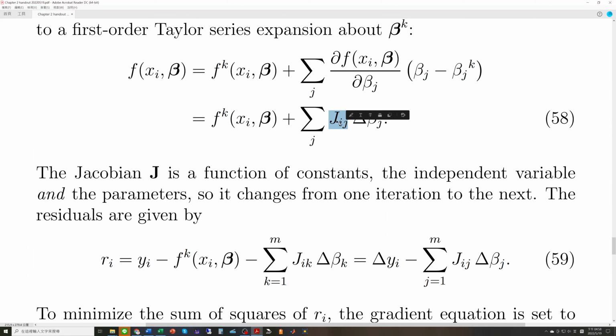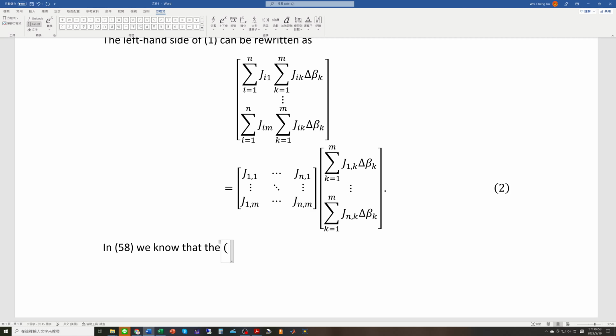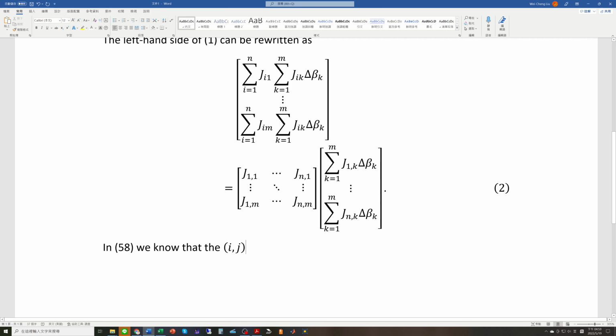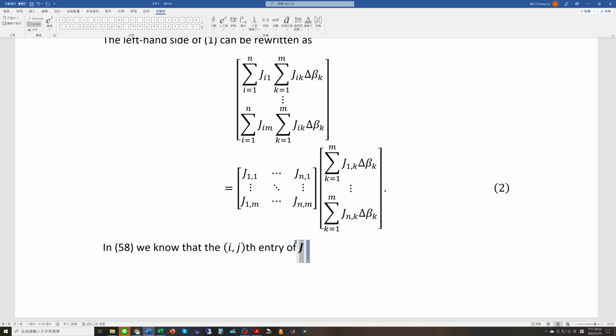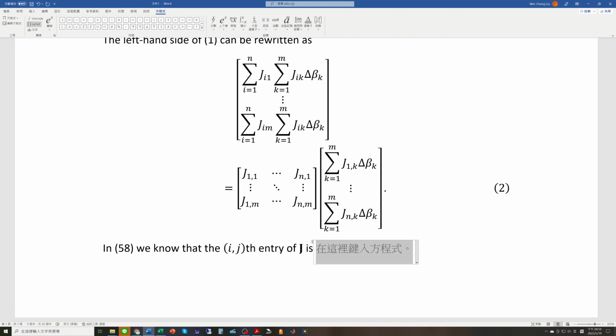We know that it is the ijth entry of the matrix J. So the ijth entry of J is, oh, this should not be bold. Okay, is J ij.